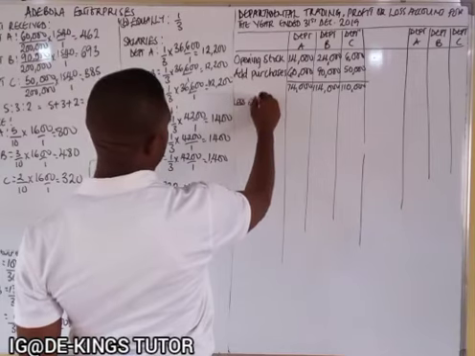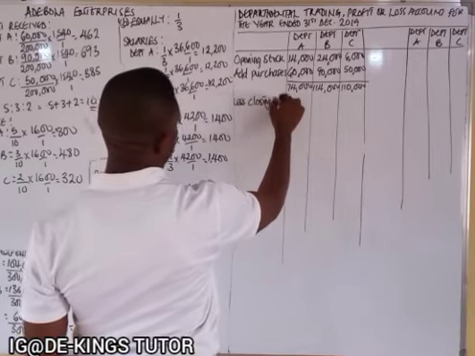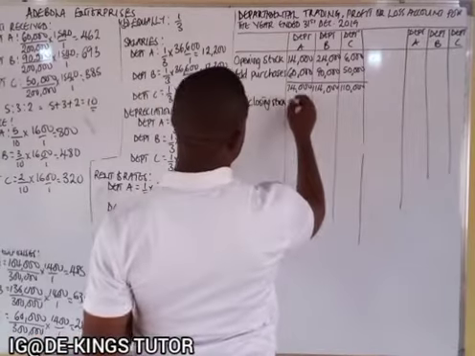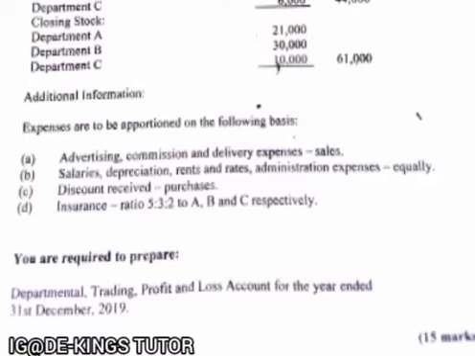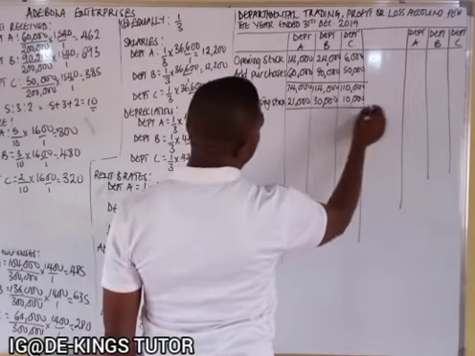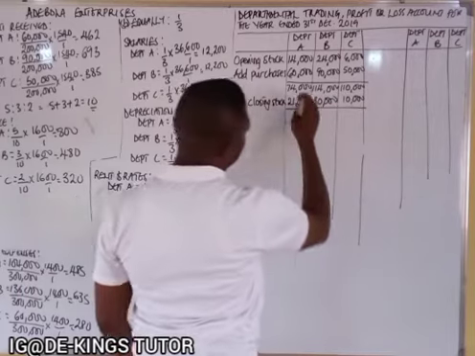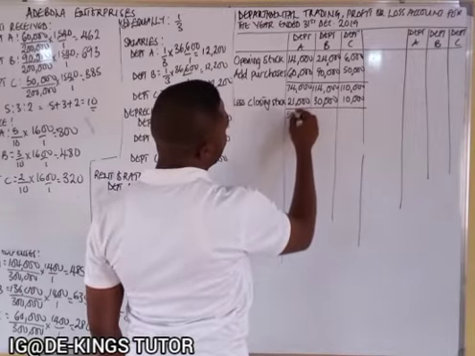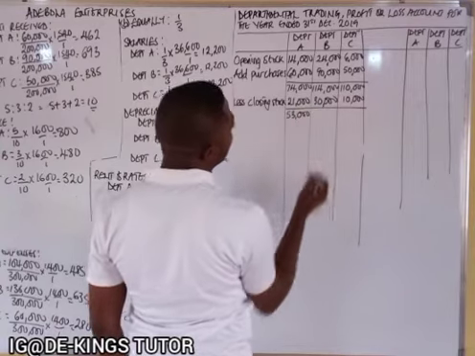Now let's have closing stock. The closing stock for department A is 21,000. Department B, it is 30,000. And department C, it is 10,000. So if we do that, now deducting this, we have 53,000.